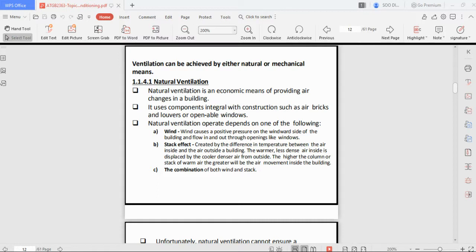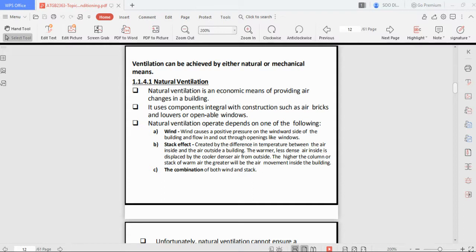But usually you'll find this air brick at government buildings or public toilets. As you can see here, although it's not very clear, at the top of this building, this is a TMB building, there's this air brick. Its function is to provide the changes of air in this building.